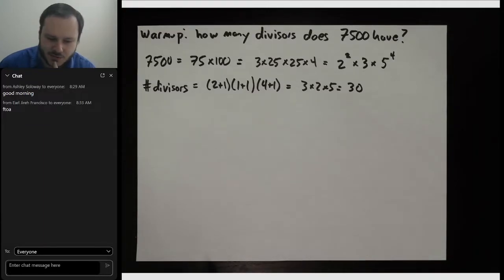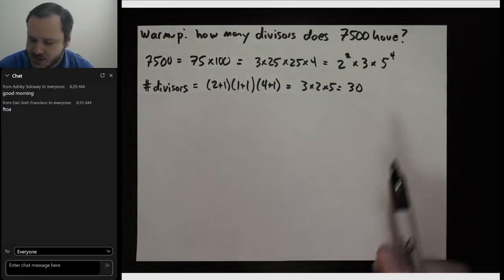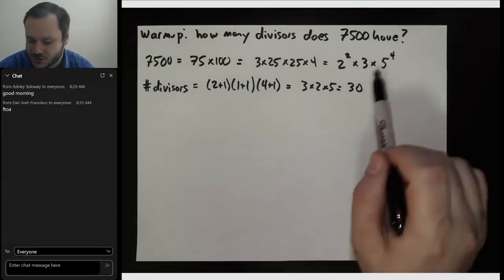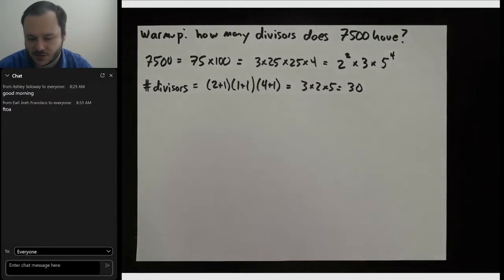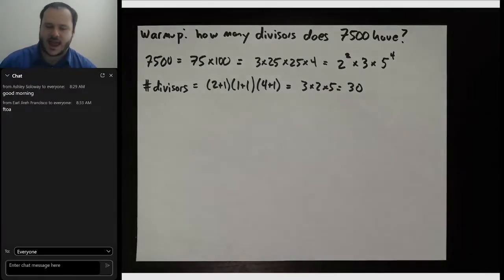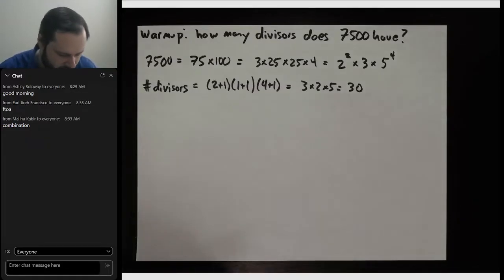Yeah, so the fundamental theorem of arithmetic definitely comes into it, because we know any divisor has a prime factorization, and if it's a divisor, the primes have to match the primes from the number we're trying to divide, or be a subset of them. But why is this the formula? Why does this count how many? Yeah, we've got some sort of combination, some sort of counting thing going on.